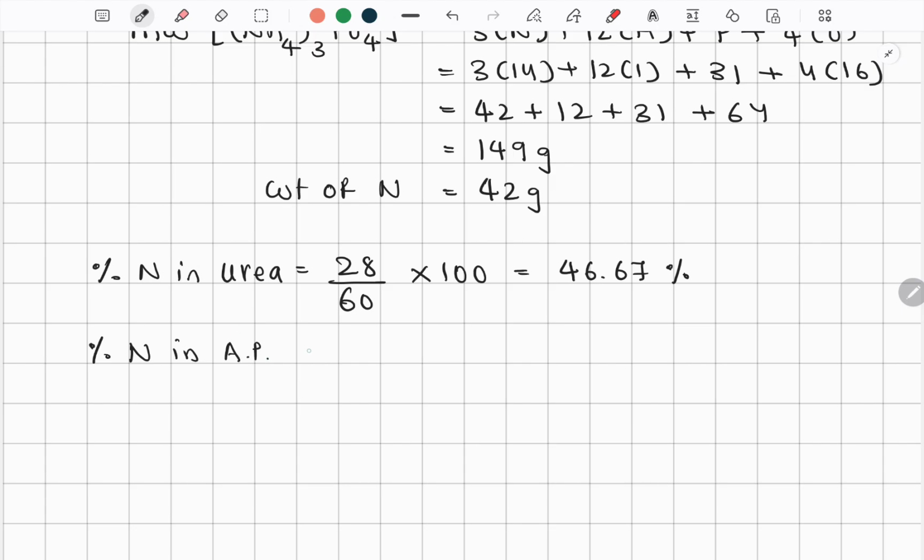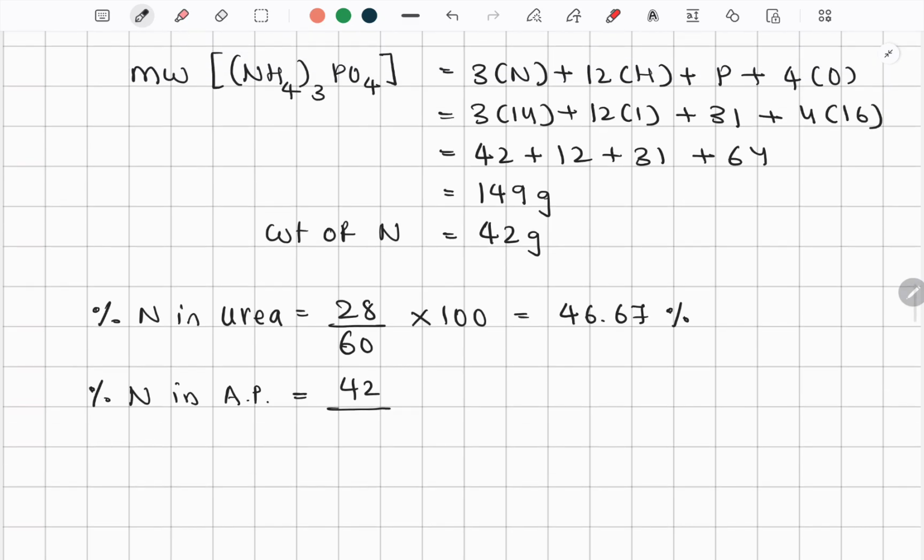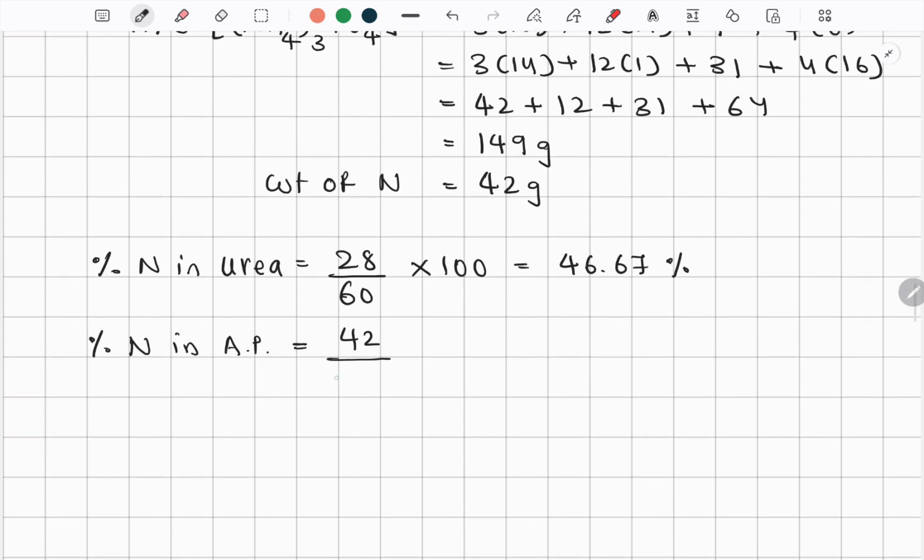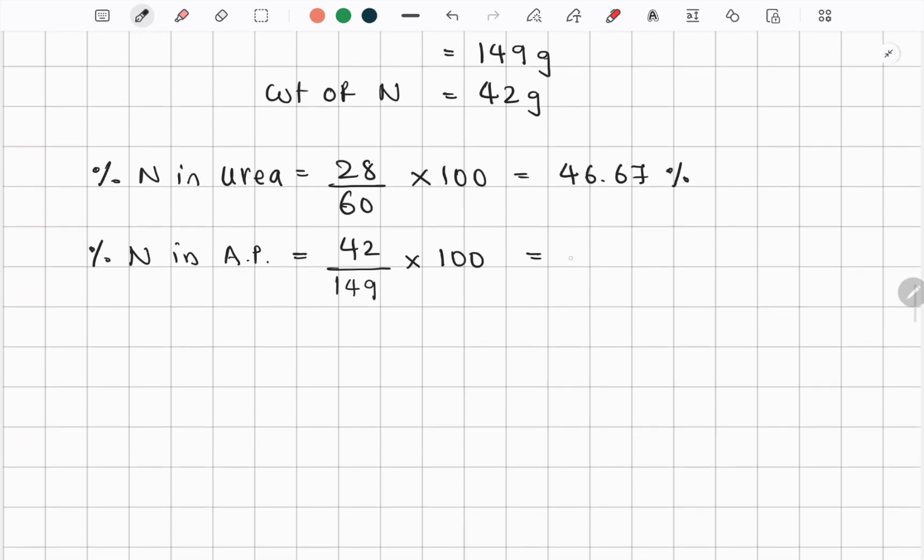The total weight of nitrogen in ammonium phosphate is 42, divided by the molecular weight of ammonium phosphate, 149, into 100, which is going to be 28.19 percent.